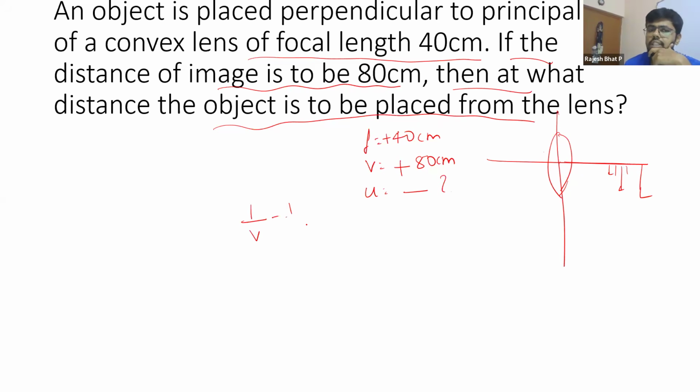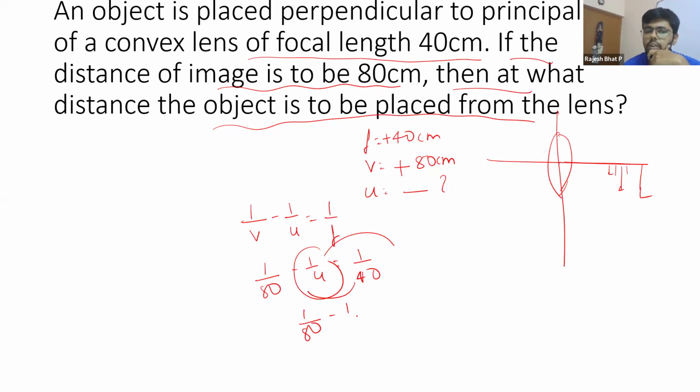This is the lens equation: 1 by v minus 1 by u equals 1 by f. 1 by v is 1 by 80, 1 by f is 1 by 40. Taking 1 by 80 to the other side, 1 by 80 minus 1 by 40 is equal to 1 by u.